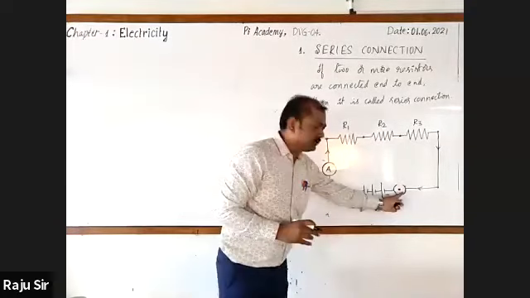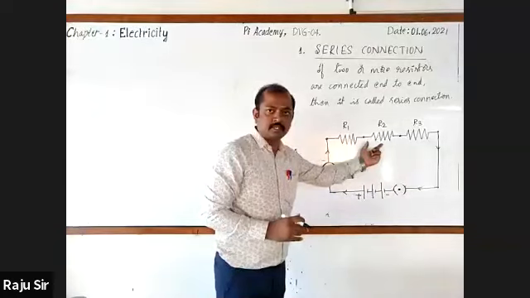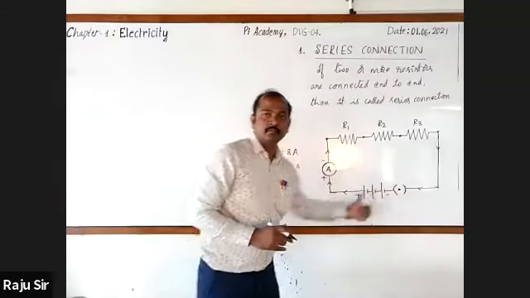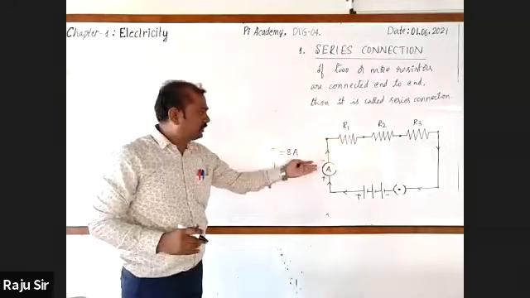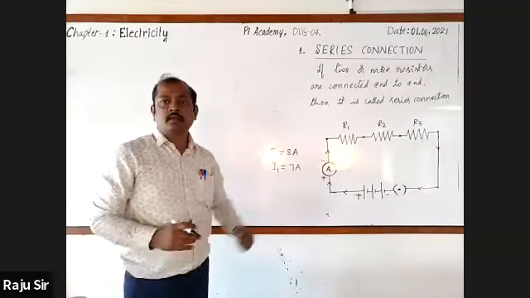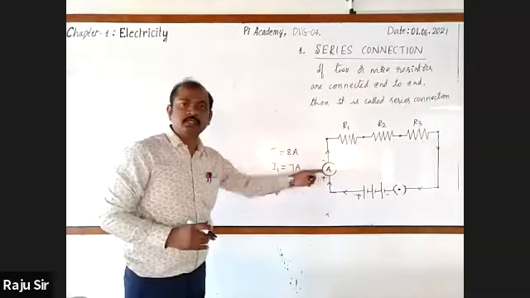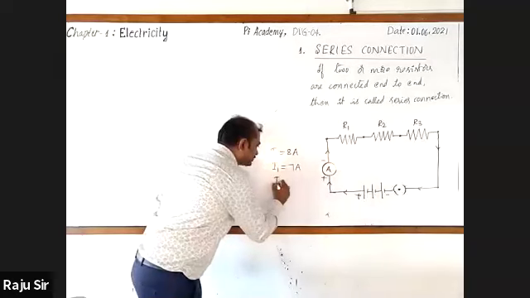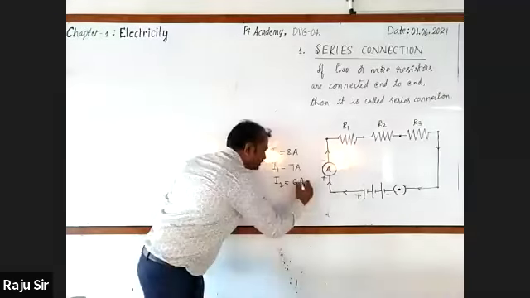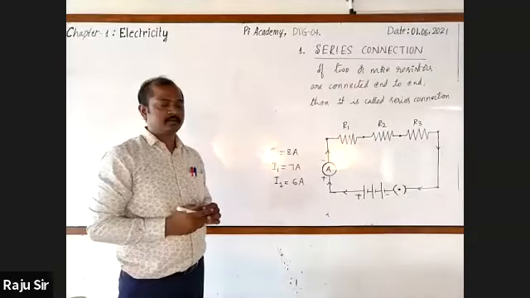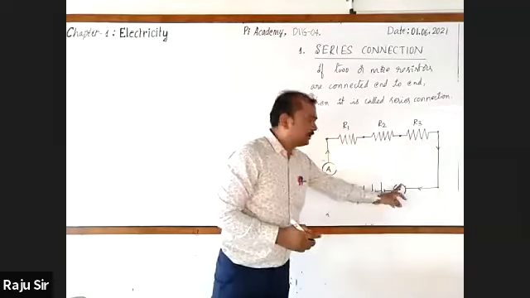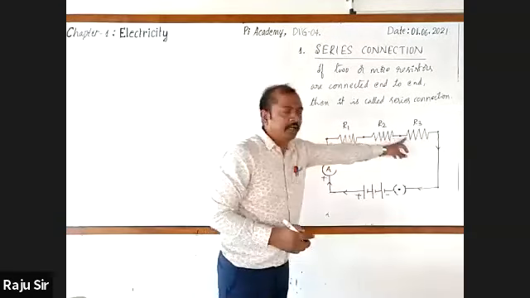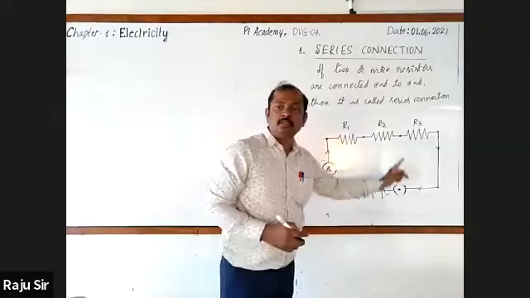Next, again with the switch off, connect the second resistor. Now switch on, allow the current to start flowing, and record the current showing in the ammeter. This time it shows 6 amps. Similarly, connect the third resistor, then switch on.